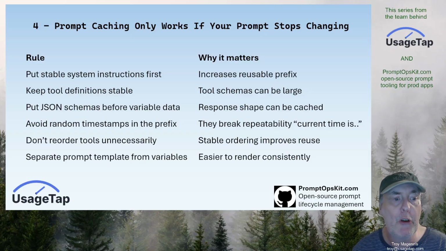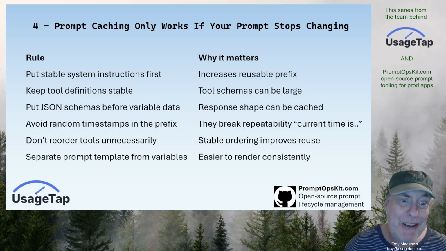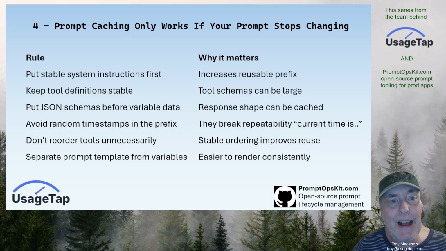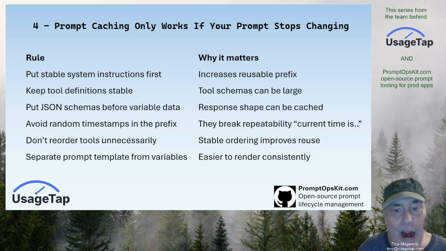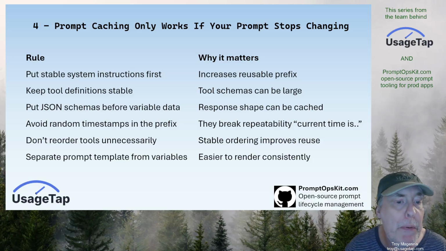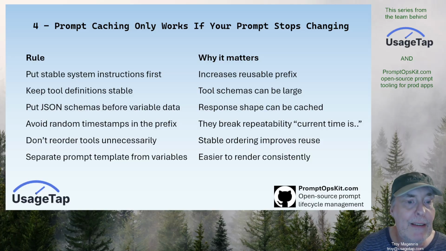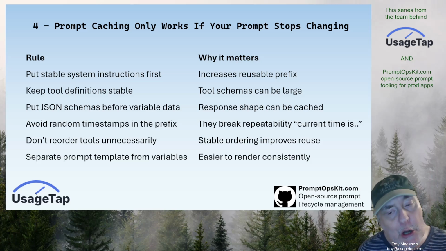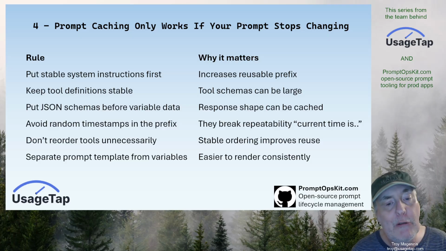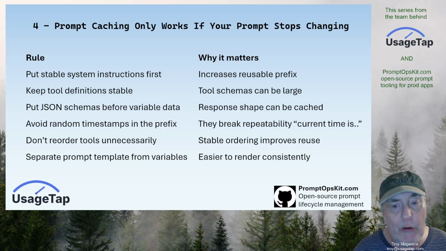So schemas before data. Another classic way of breaking prompt caching is to put timestamps in your system instruction: the current time is, or the current date is. What you're hoping is that when the user says, tell me my emails in the last 5 days, it knows where now is so it can work that out. But you don't have to. The system instructions from the models have nailed this a long time ago.